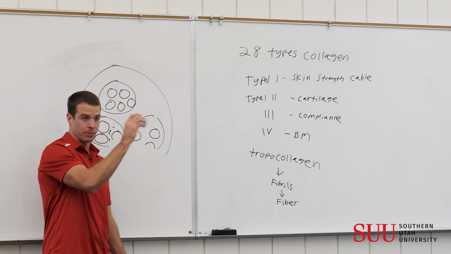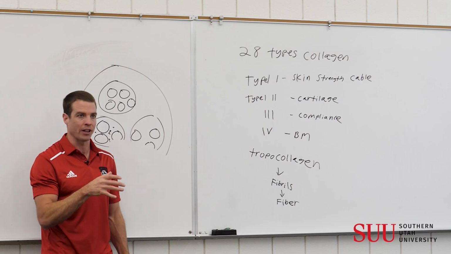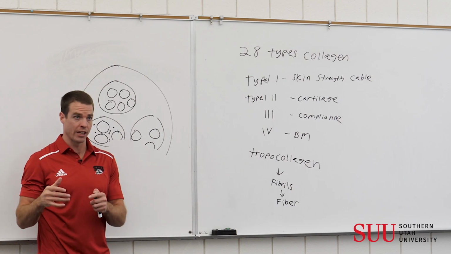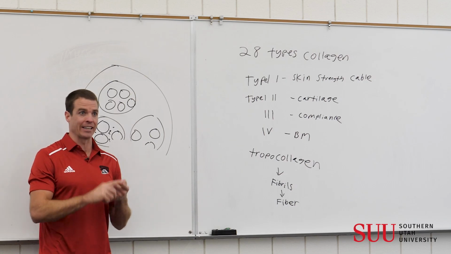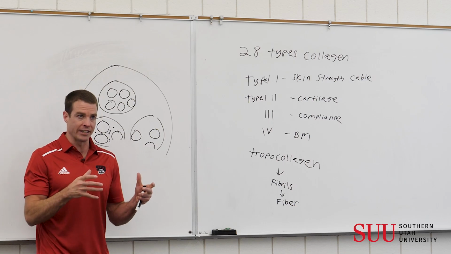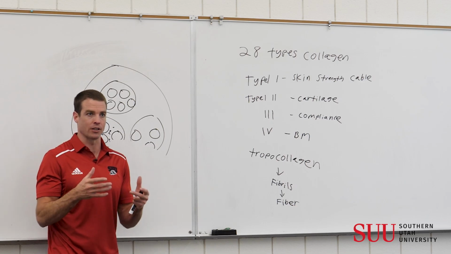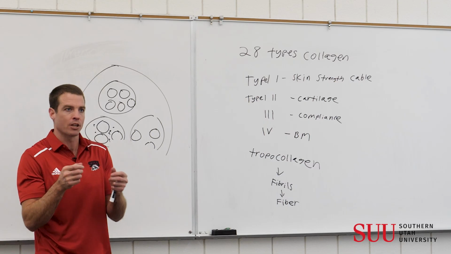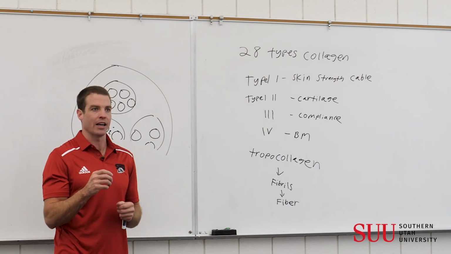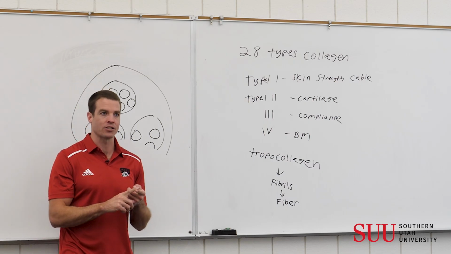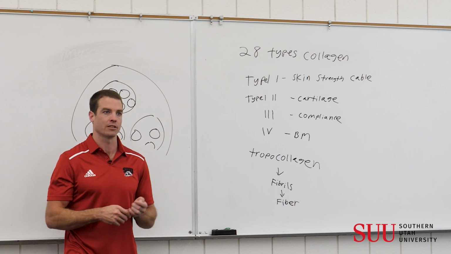The other part, besides the structure, is the mechanical and functional roles. Specifically things like elasticity and recoil, the elastin, and the crimped, wavy collagen, as well as resistance to passive stretch.